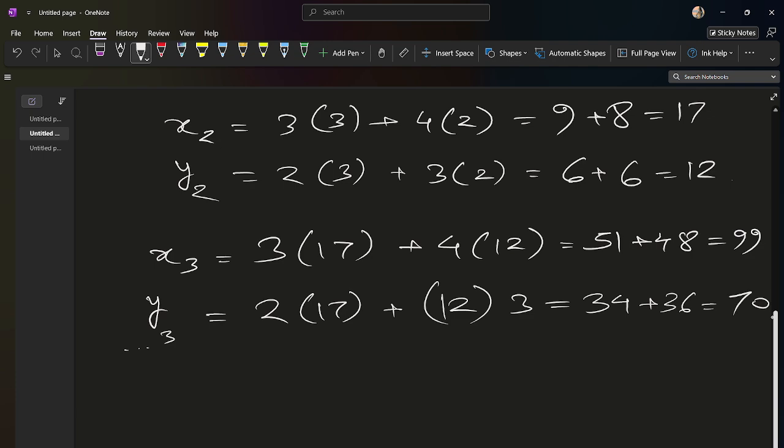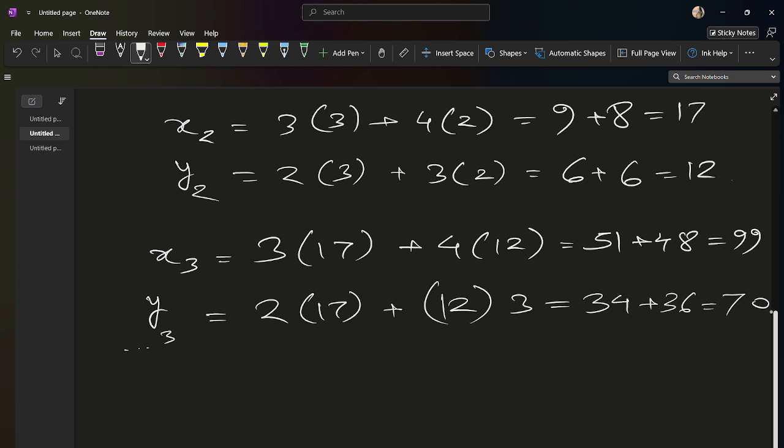We can easily see that y3 is not a prime here. From this pattern, it is evident that only the first solution, 3 comma 2, satisfies the condition that y is prime.